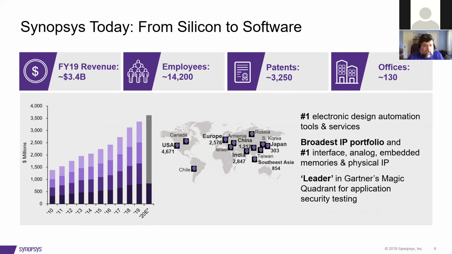You can see on the chart there, we've been growing steadily since 2010, at least since when we joined, although we don't take any credit for much of that. Our part's very small. You can see here a map of where everybody's working in the world that works for Synopsys.